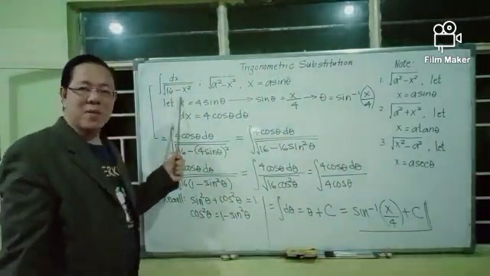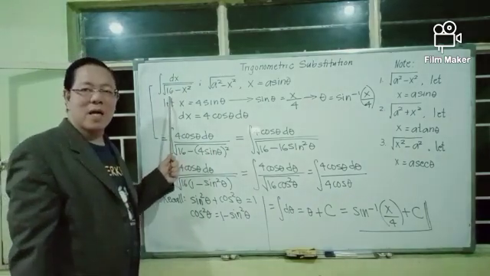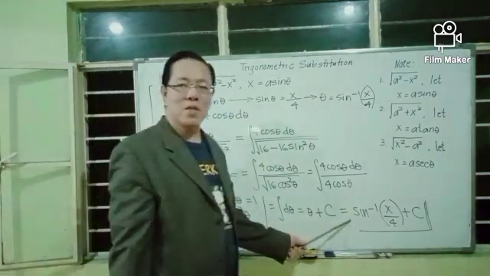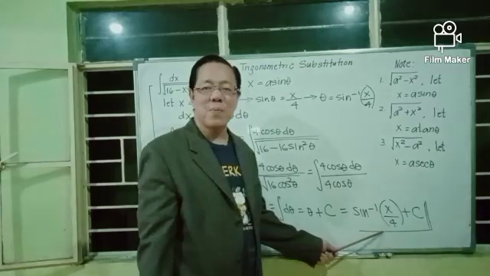And the integral of dx over the square root of 16 minus x squared is equal to arcsine of x over 4 plus c.